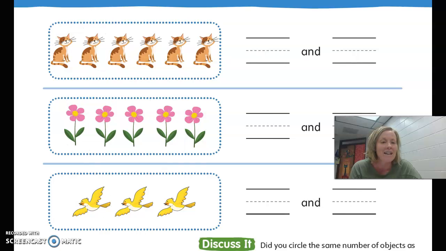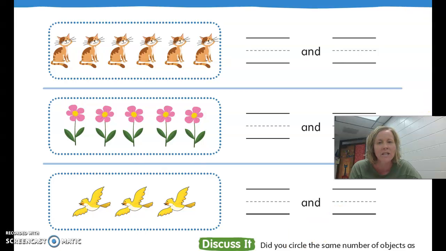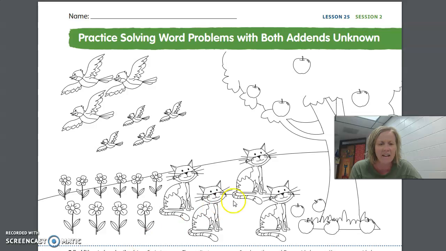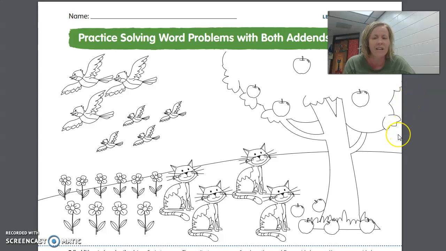All right. Now we're going to find our page. That is our picture that is not colored. Can you guys find that picture that's not colored? Good job. So let's see. Let's look. There are 4 cats. Some cats are brown and some cats are orange. Color some of your cats brown and some of your cats orange.